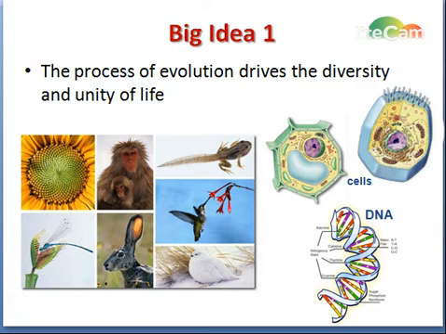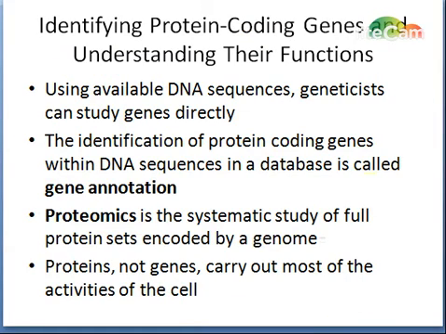That diversity begins with looking at our human genome, and actually every organism's genome, because that's where the diversity is going to come from. Because of recent advances, we can now look at DNA sequences, and geneticists can study the genes directly. By identifying the protein coding genes within a DNA sequence, they're able to put together a database called gene annotation.